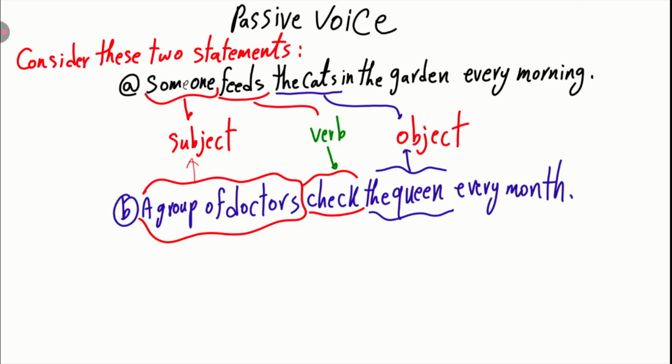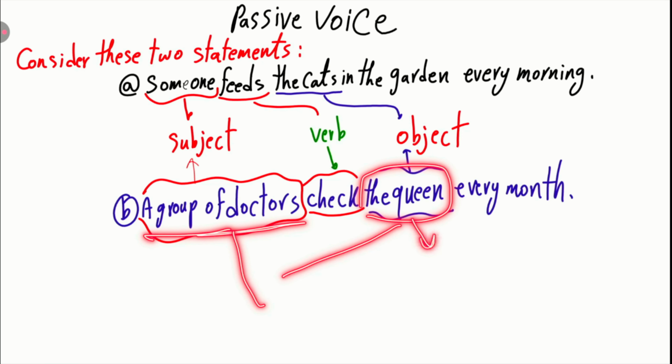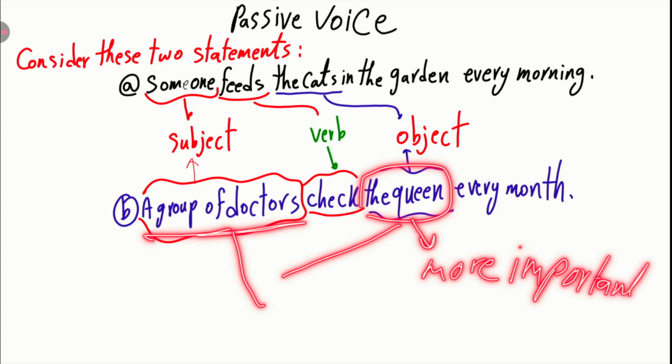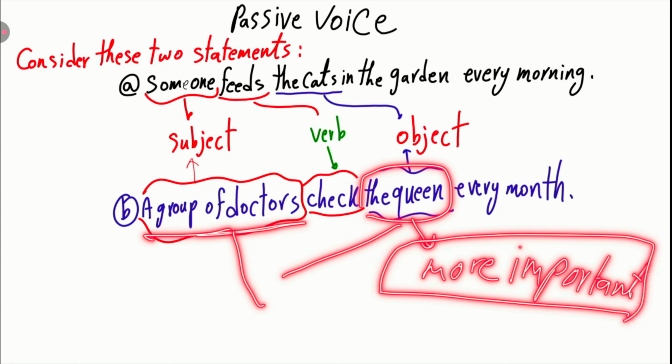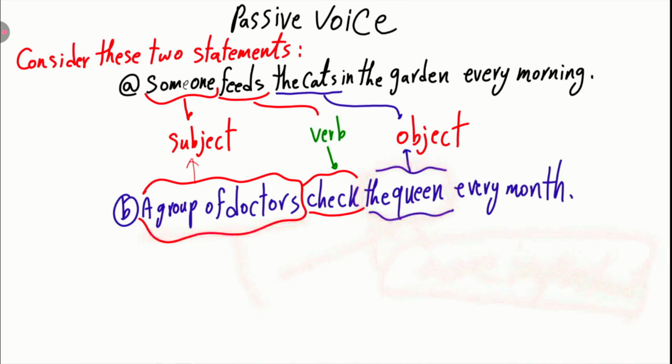For the second sentence, you see the subject is a group of doctors, while the object is the queen. And we all know that the queen is more important than the doctors. Because generally, this sentence could be said in the news, or for example in a political context.